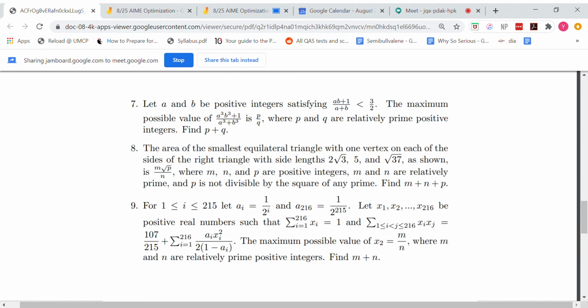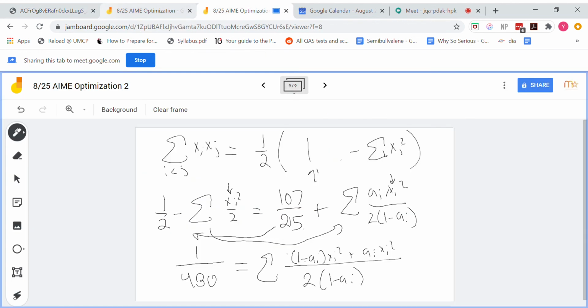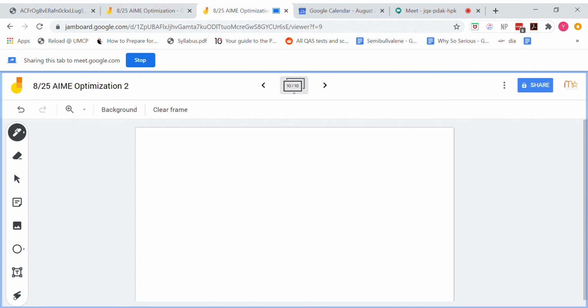And so this on the top gives us simply xi squared. And then if we move the 2 to the other side, what we end up with is 1 over 215 equals the sum of xi squared over 1 minus ai.